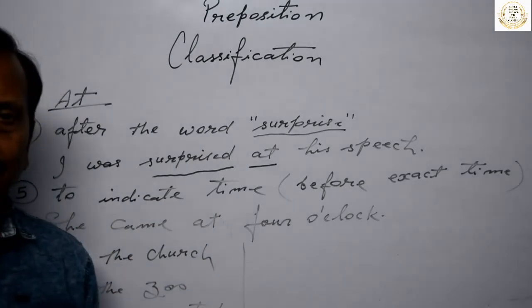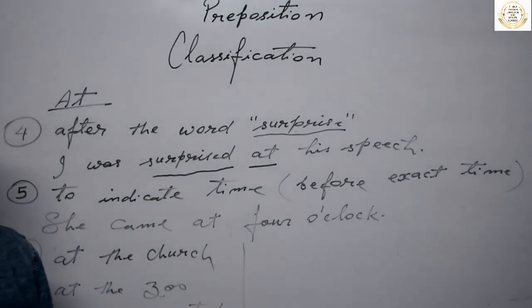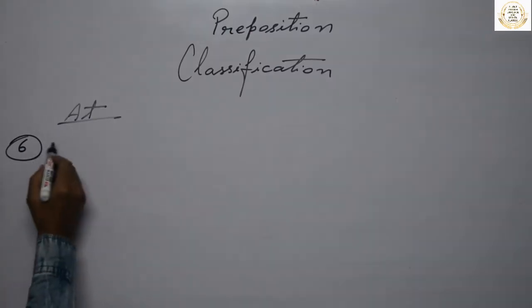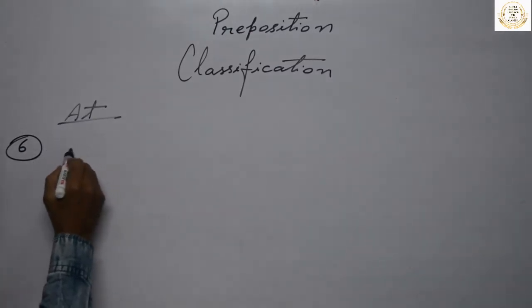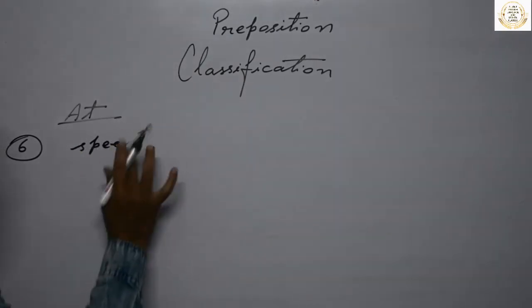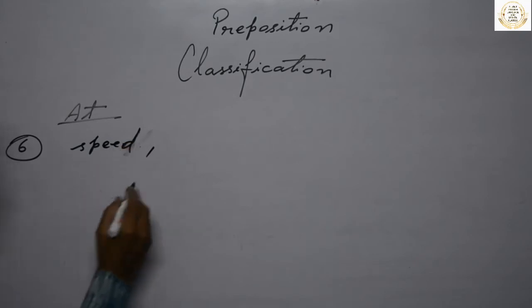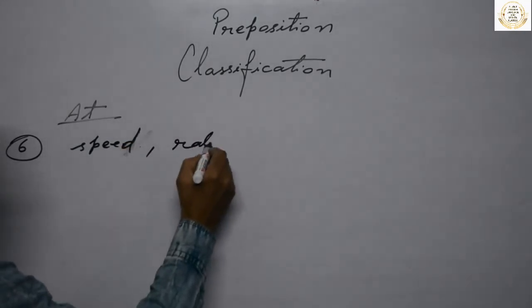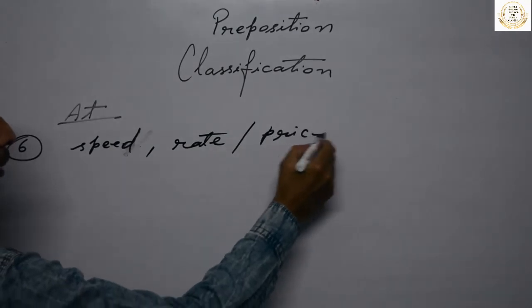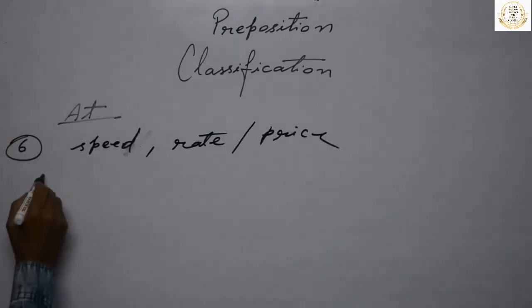Now let us begin another use. We also can use at to show the speed of a vehicle, a rate of something, or the price of something. You can see the example.